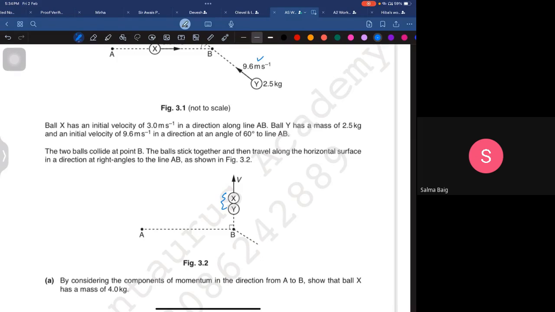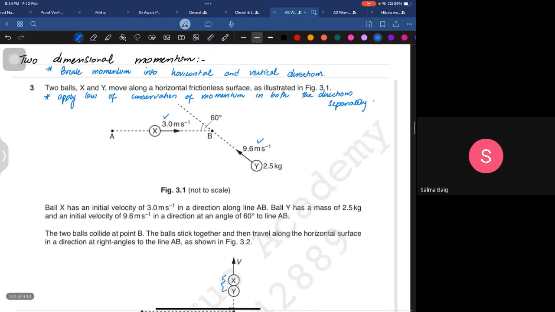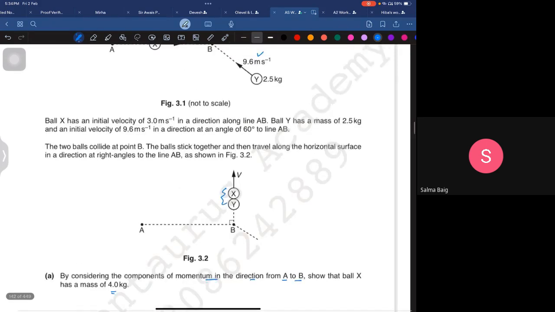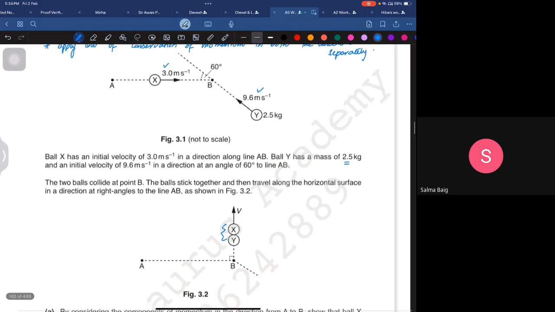Now, they say by considering the components of momentum in direction from A to B, so A to B means horizontal direction, they want you to find the momentum in. Show that the ball X has a mass of 4 kilograms, whereas Y has a mass of this. We're going to find mass of X. We don't know that. Mass of Y is 2.5. Do you guys agree? Everybody understands that?